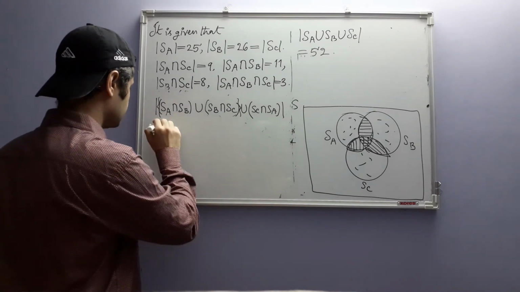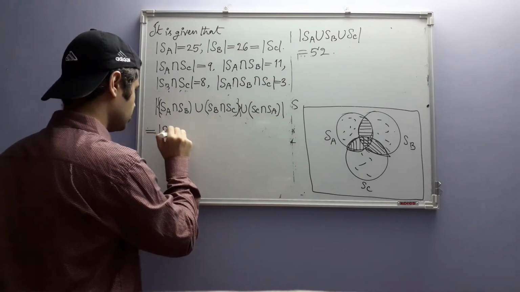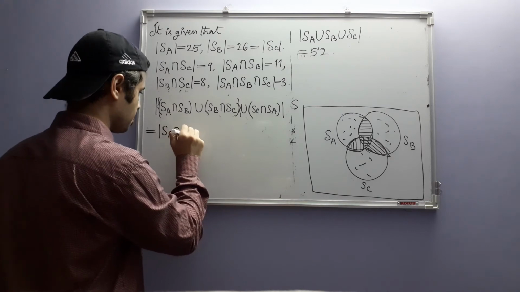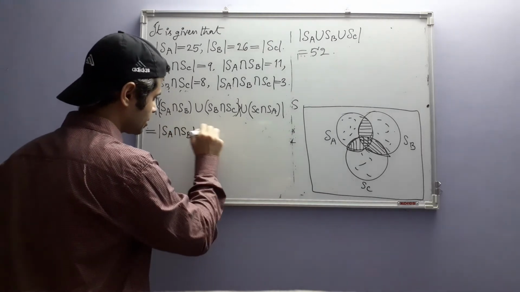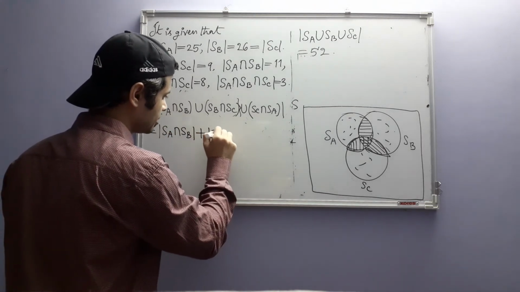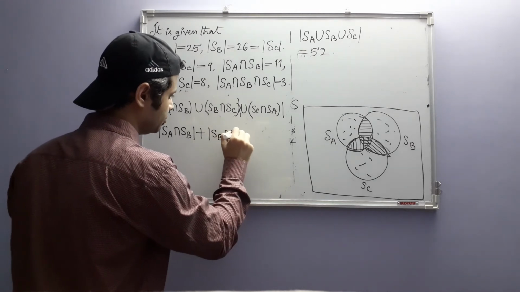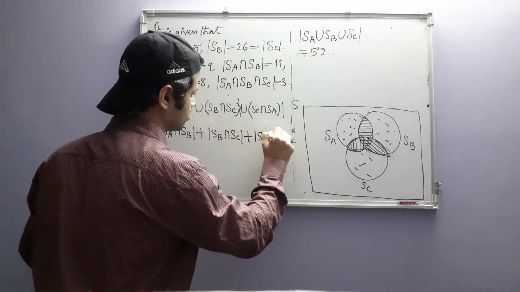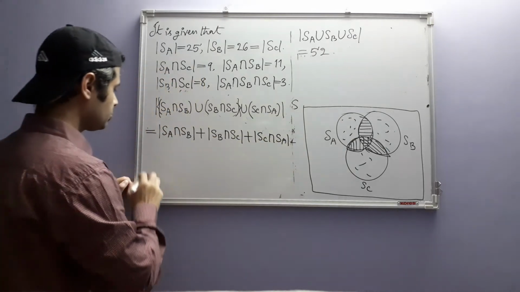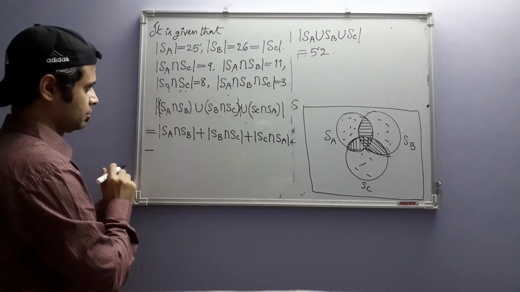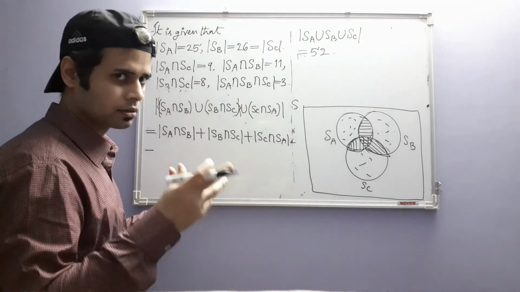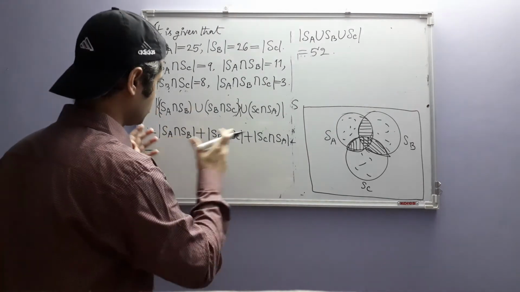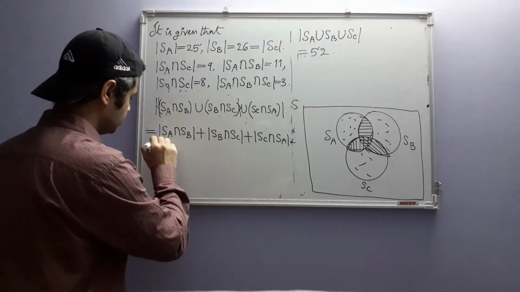straight away. So this is equal to the cardinality. First of all, we have to add the cardinalities of the individual sets. Minus, then we have to take intersections of any two of them.